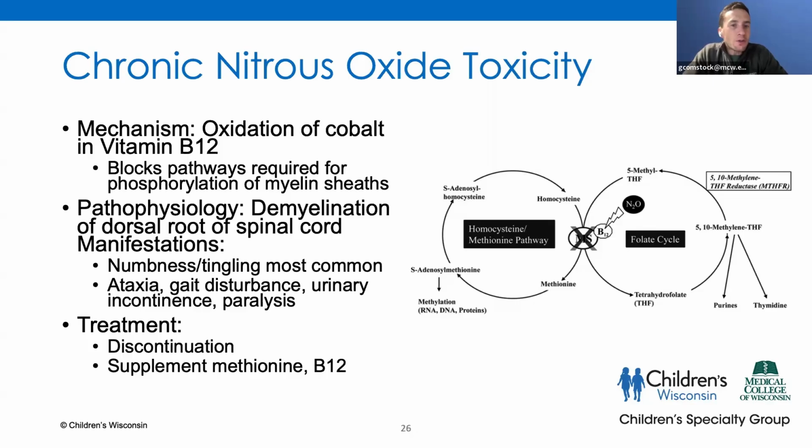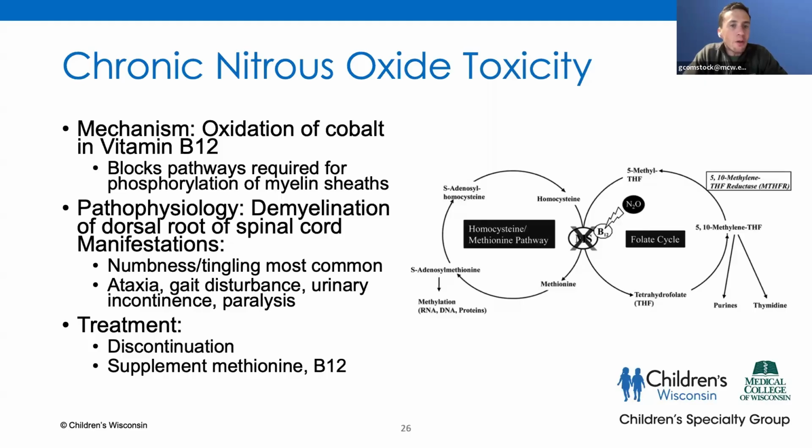The first, in the homocysteine methionine pathway, the loop over there on the left, is that if B12 is no longer functional, then you no longer have a functional methionine synthase. You can no longer convert homocysteine to methionine and eventually produce S-adenosyl methionine.